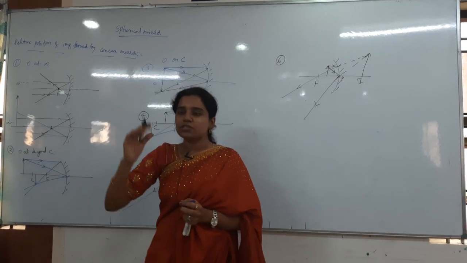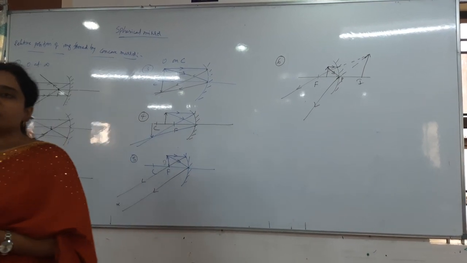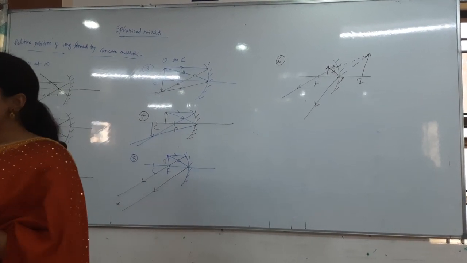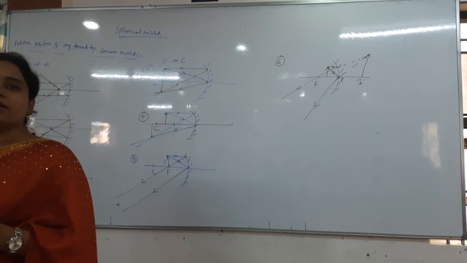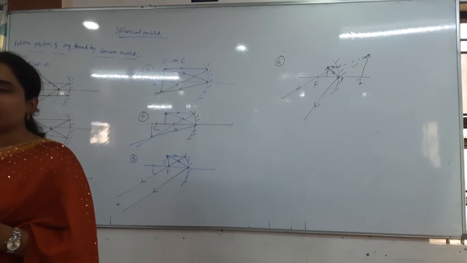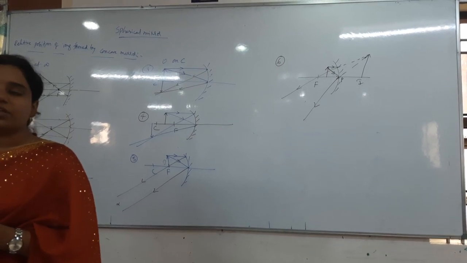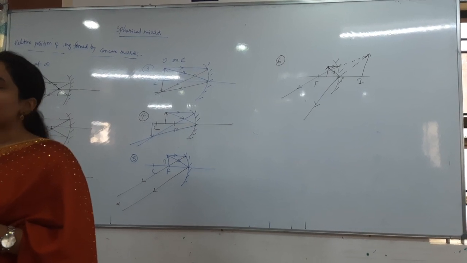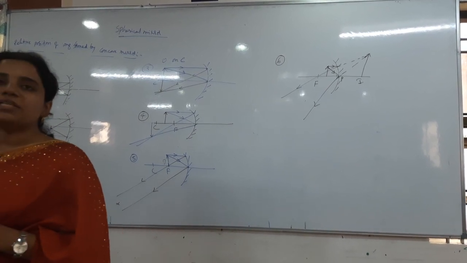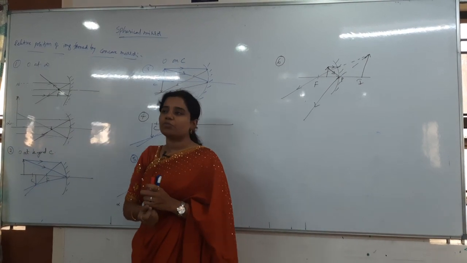Clear all the diagrams? First one: whenever the paraxial rays are coming, where will the image be formed? Focus. Is that real or virtual? Real. Erect or inverted? Inverted. For the point size we cannot say that, but for the enlarged size it will be inverted only, and highly diminished. Whenever the object is placed beyond C, where will the image be formed?